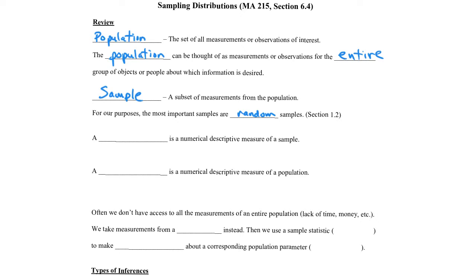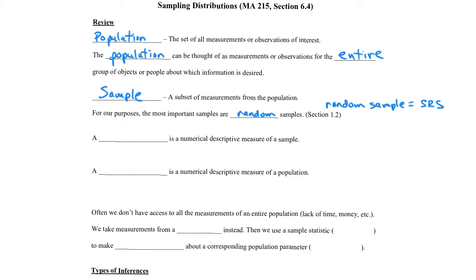Also, just in our book, when our author mentions random sample, what it means is simple random sample. So it's not true in other textbooks, but in our stats book, when you see random sample, it's implied that it is a simple random sample. We talked about simple random samples back in section 1.2.